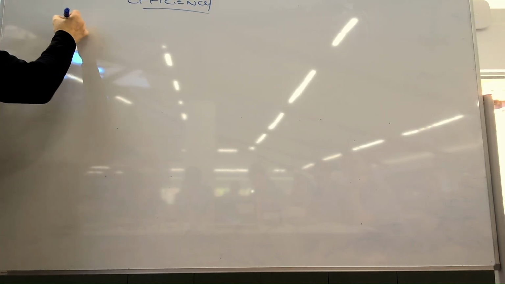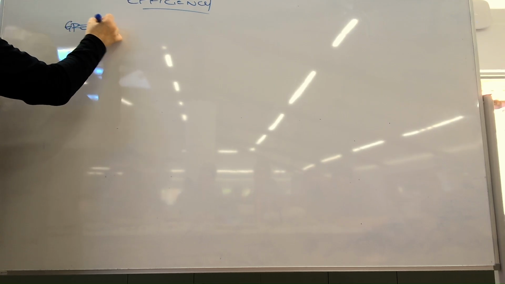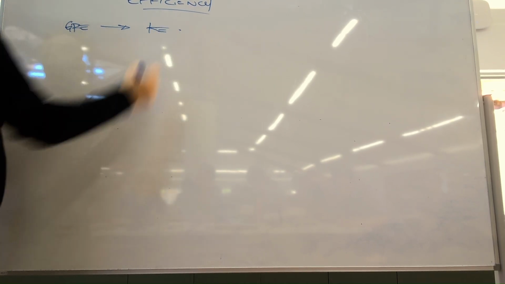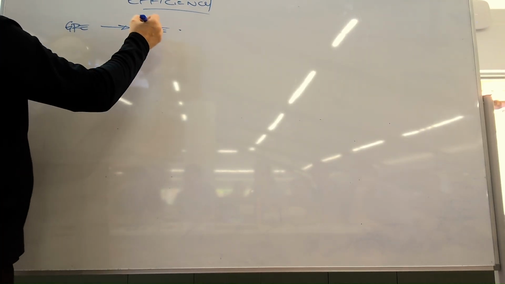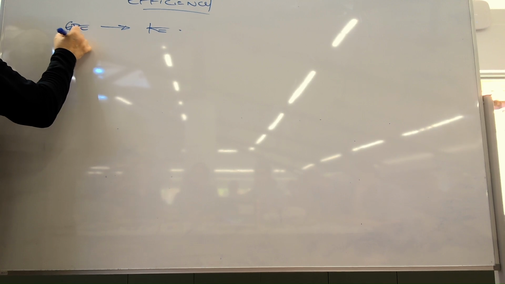If you're going to go from GPE to KE, you're not going to get 100% transfer of energy. Just say we started off with 2,000 joules of energy in something held off the ground.